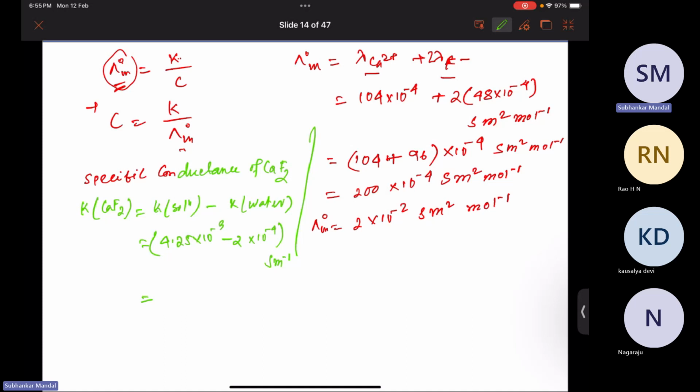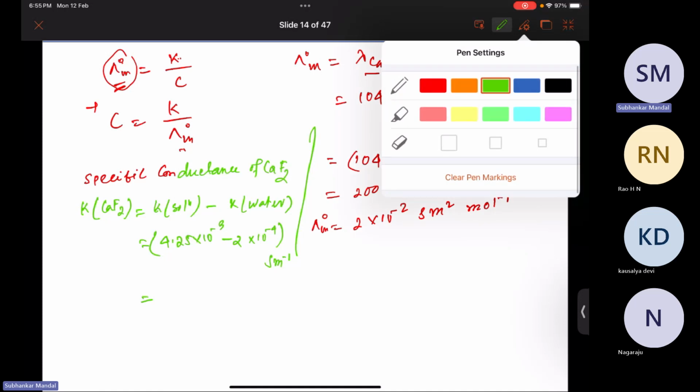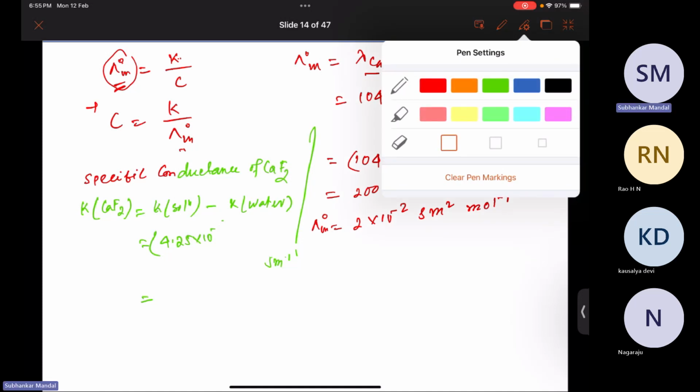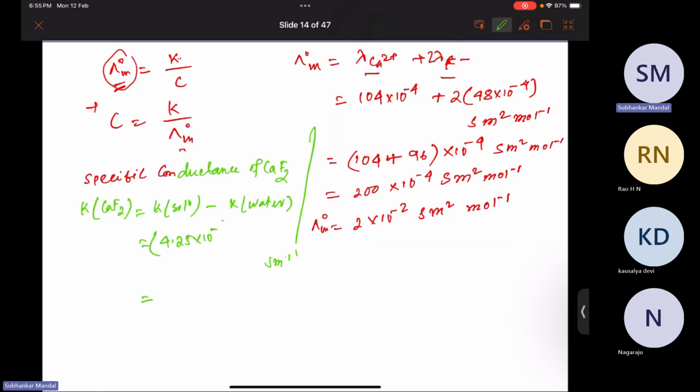I can rewrite 2 into 10 to the minus 4 as 0.2 into 10 to the minus 3, so that it will be easy to subtract.